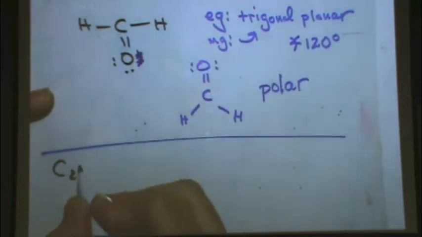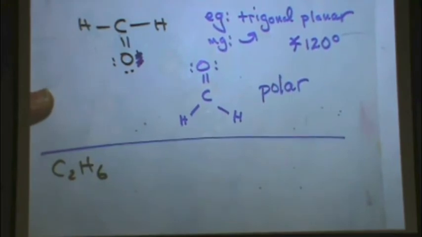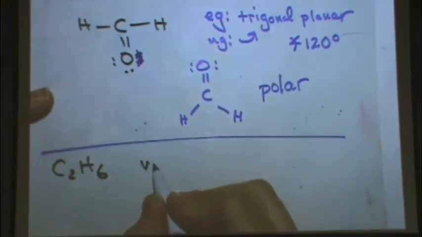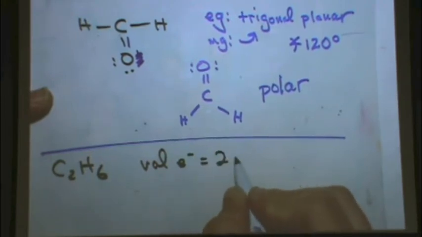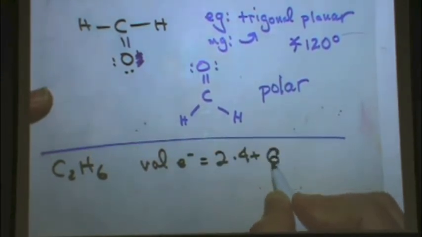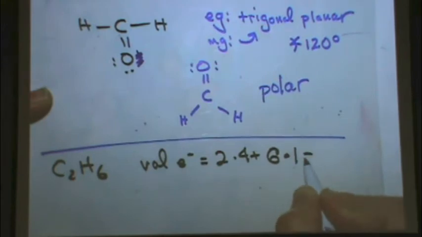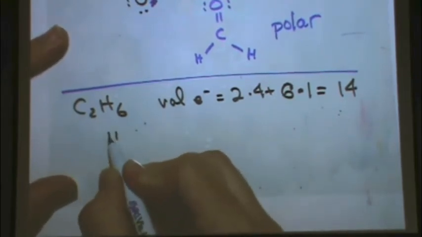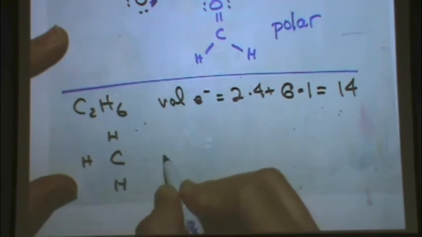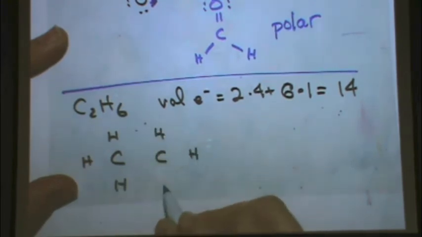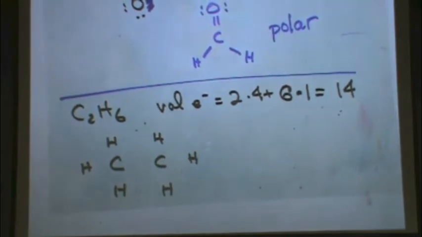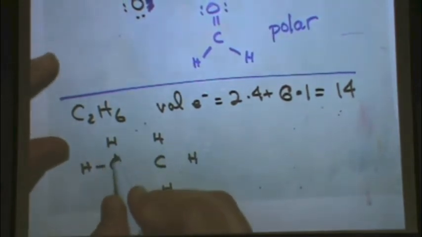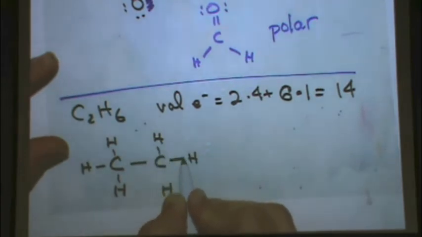The next one was C2H6. Valence electrons: 2 carbons in column 4, plus 6 hydrogens in column 1. So that's 14. So we've got C-C with a bunch of H's around it. 2, 4, 6, 8, 10, 12, 14.